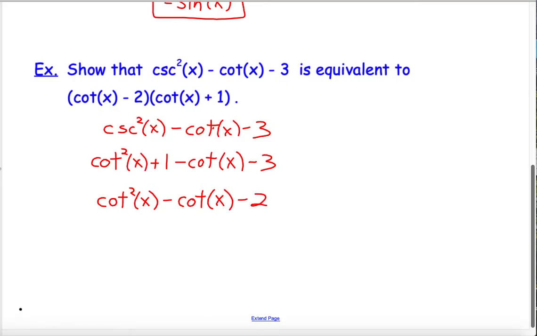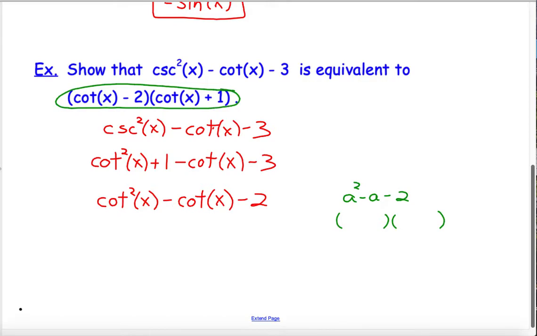Now what do we do? Well, when you look at that, hopefully you think of that in a more general sense as a squared minus a minus 2. And if I gave that to you, I'm sure everybody could factor that. And we know that's where we're headed because we have to factor it, because that's what we're trying to get.